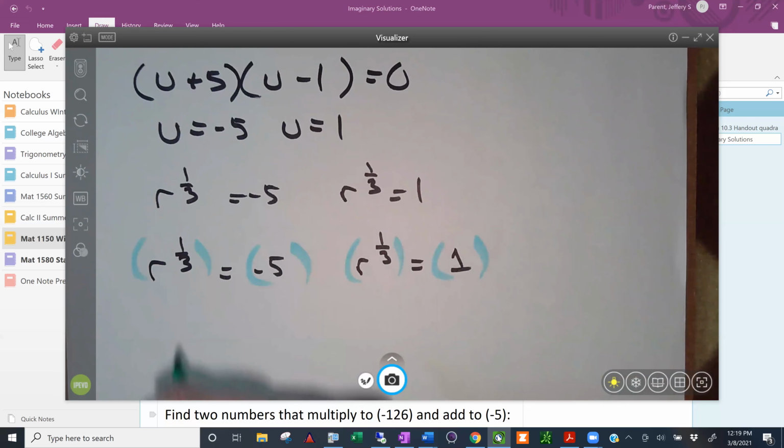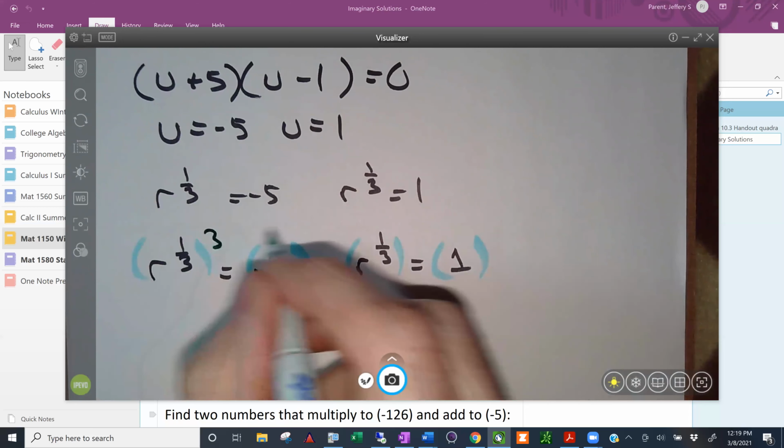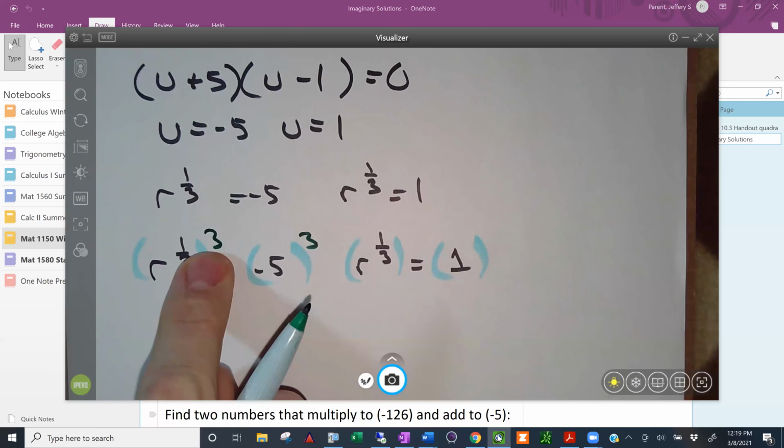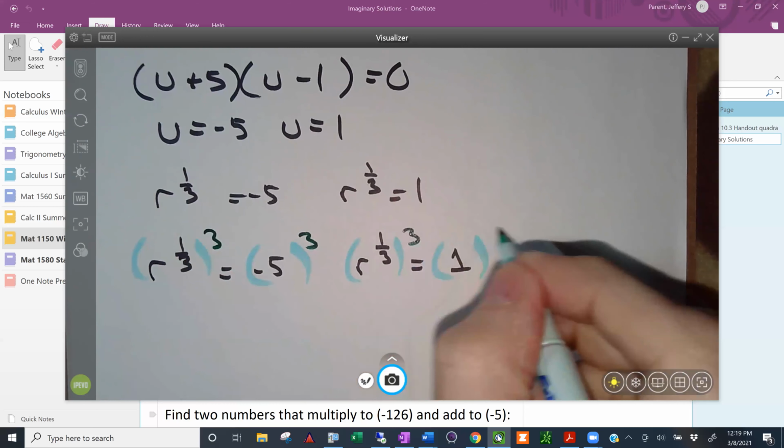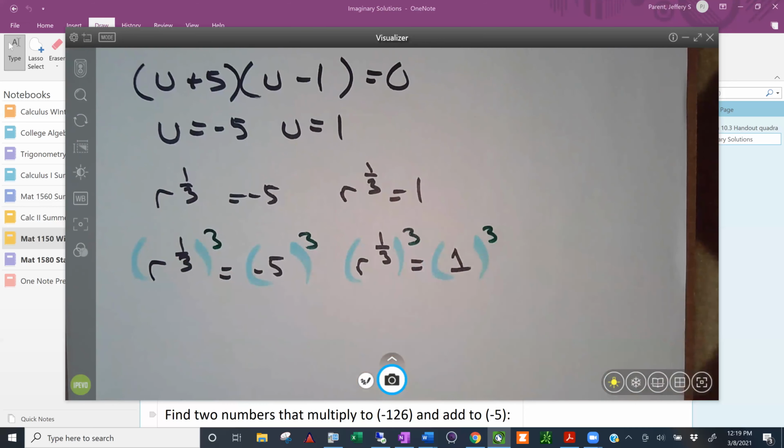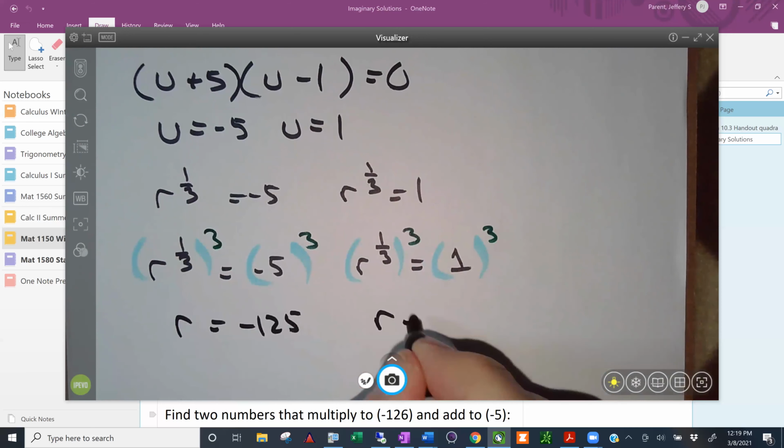It's the reciprocal of 1/3. If this was an even number, then I'd have to go back and check. But when it's an odd number, and I'm not going to explain all the details as to why, it doesn't present that problem. -5 cubed is -125, and 1 cubed is 1. So there's your two solutions.